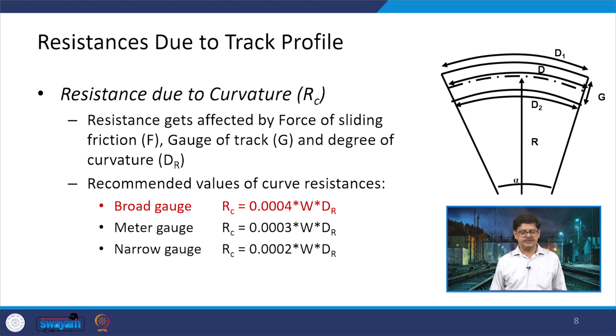Instead of writing r, we are talking here in terms of degree of curvature, denoted as dr. Considering these, the values of the curve resistance have been computed, and in the case of the broad gauge it is 0.0004 into W into dr, where dr is the degree of curvature, or we can say 0.04% of W dr. In the case of meter gauge it is 0.03% of W dr, and in the case of narrow gauge it is 0.02%.